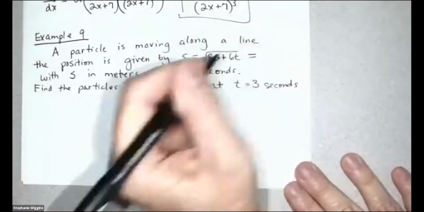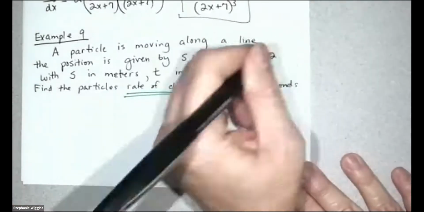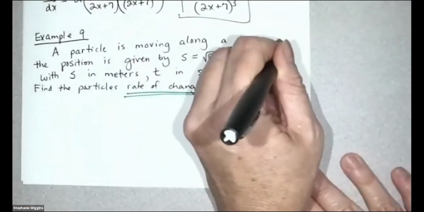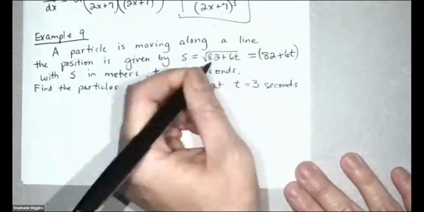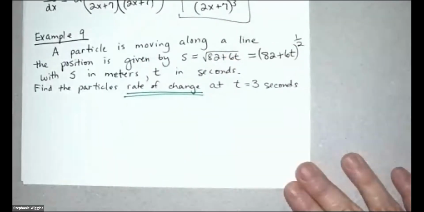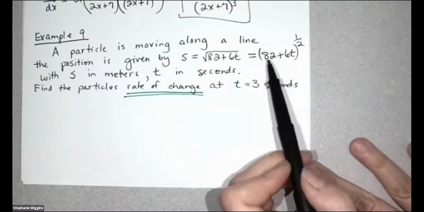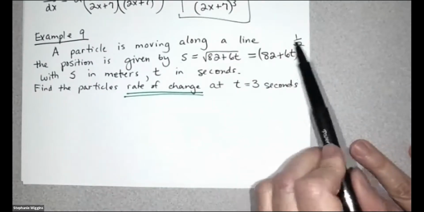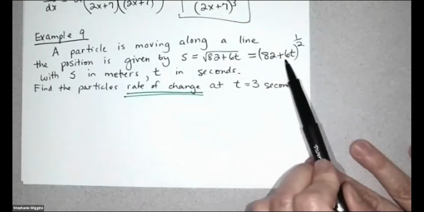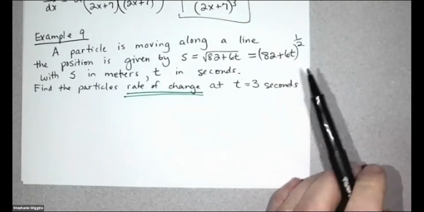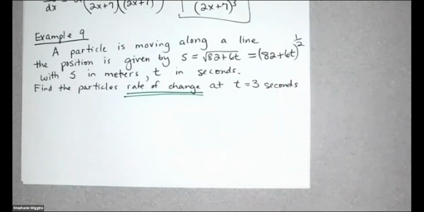Well, what is S? S is the square root of 82 plus 6t. This is a power function, right? To the power of 1/2. It's also a composition of 2 functions. The outside function is the square root function. The inside is 82 plus 6t. So we have a composition here. So we're going to have to use the extended power rule, which is just the chain rule applied to power functions.